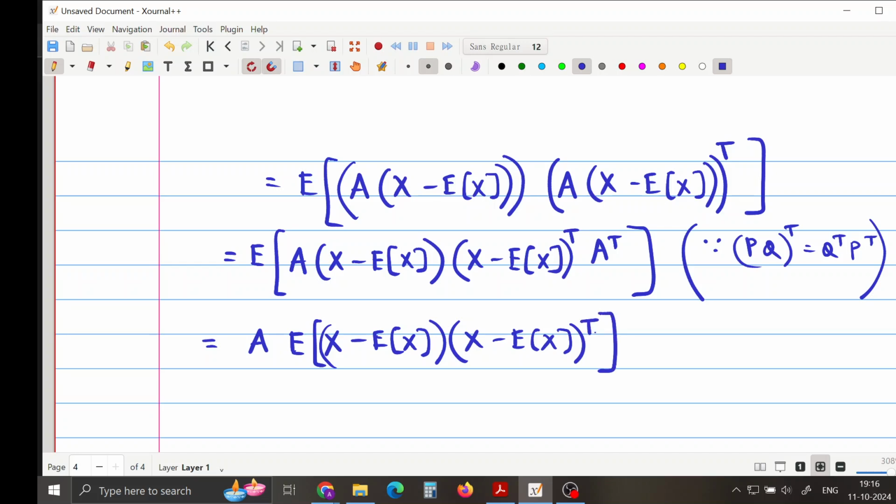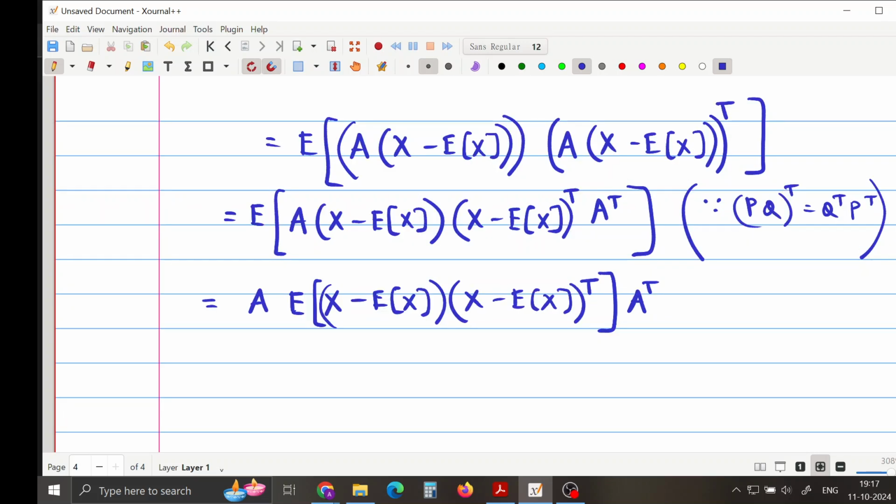And also, of course, I'm taking A transpose outside. I'm writing this since A is a constant or fixed matrix.